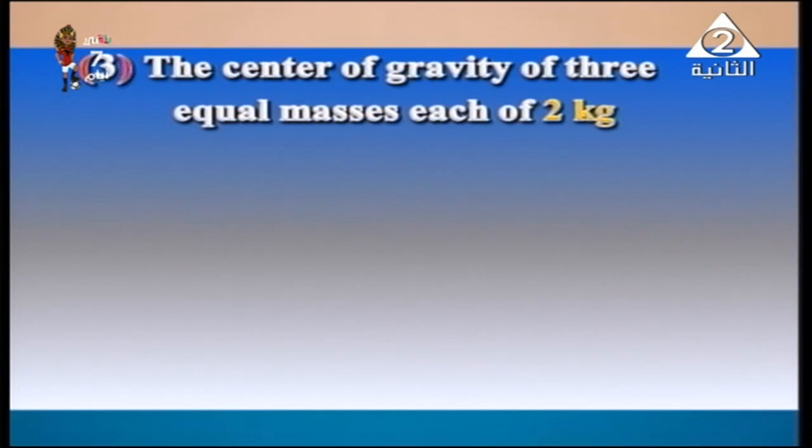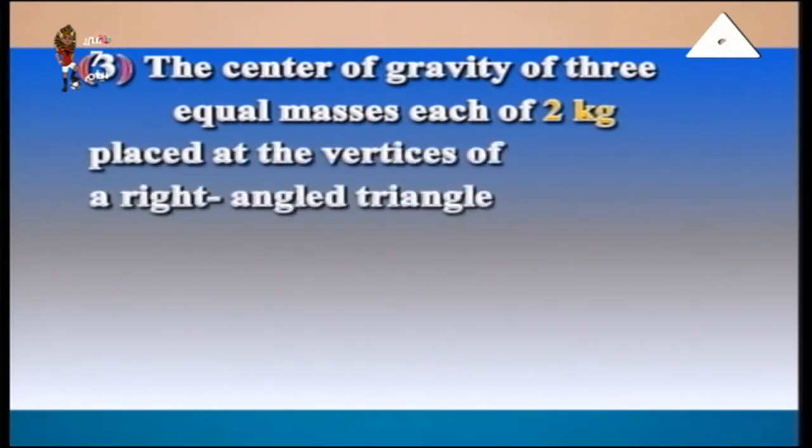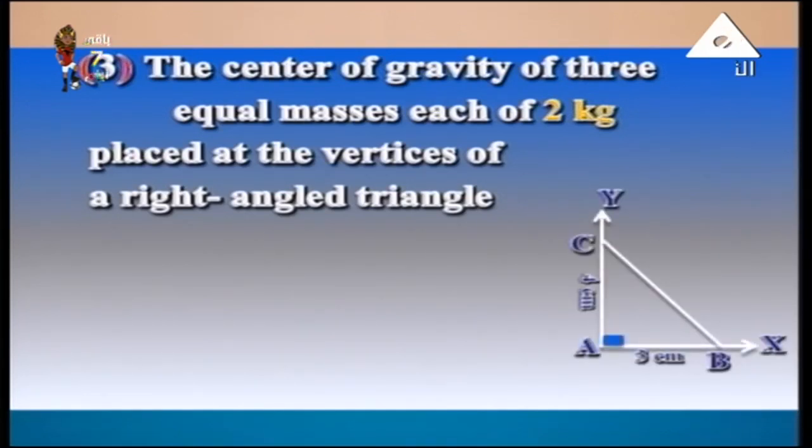Look at another example. The center of gravity of 3 equal masses, each of 2 kilogram, placed at the vertices of right angle triangle ABC, whose lengths of the two legs of the right angle are 3 centimeter and 4 centimeter, as in the opposite figure.